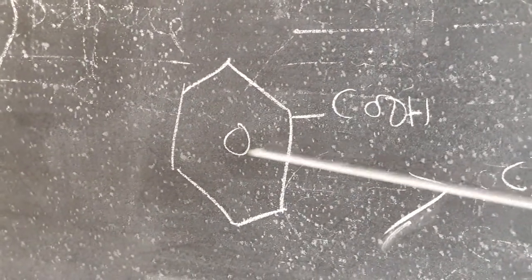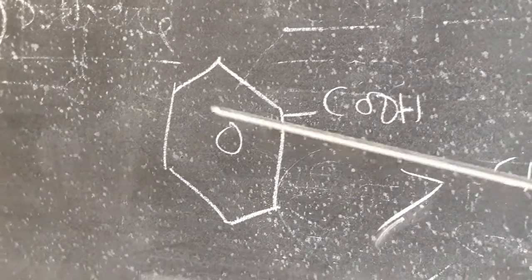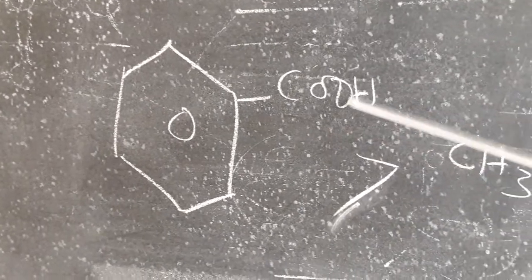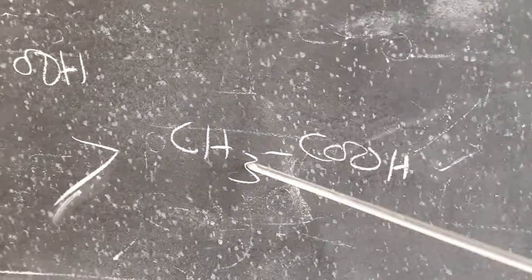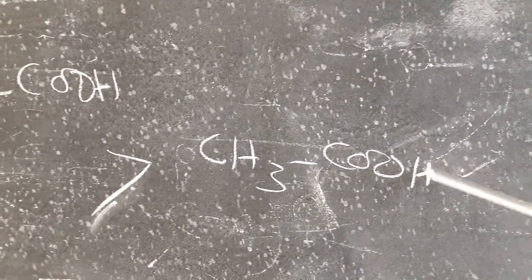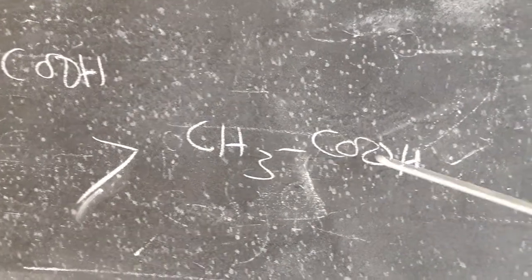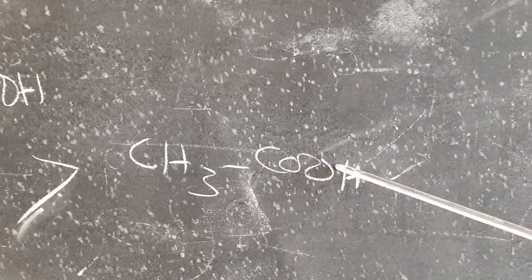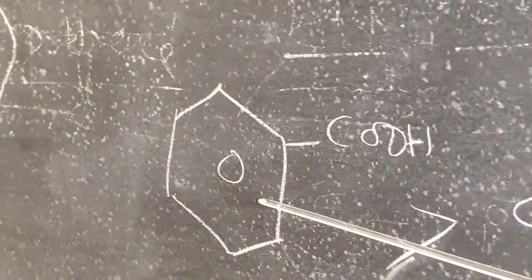So this is more acidic. More acidic means H can be removed easily in this case. But in acetic acid, CH3 supplies electrons to the COOH group, and formation of CH3COO- is somewhat difficult. So this is less acidic compared to benzoic acid.